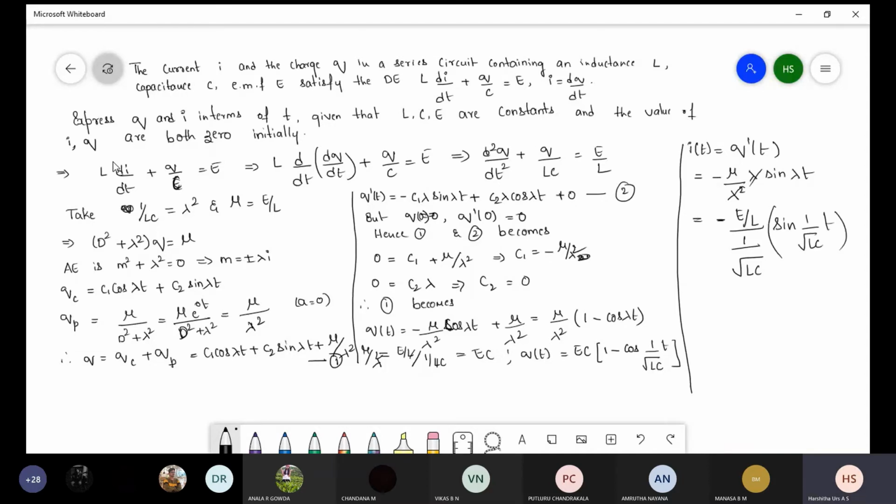So this root of LC both will go to the numerator. So minus E into root of L root of C divided by, for this L I will write root L into root L. So root L will get cancelled. Remaining sine 1 divided by root of LC into t. So finally we get minus of E into root of C by L whole into sine of 1 divided by root LC into t.